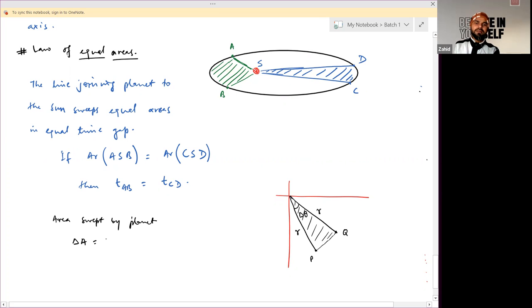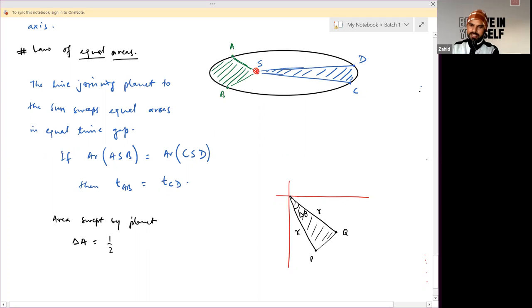The area swept by the planet, delta A, equals, in the product of vectors, as I defined how to calculate the area of a triangle, magnitude of A cross B divided by 2. If you expand that, you get AB sine theta divided by 2. So we can write the area of a triangle as half times AB sine theta.